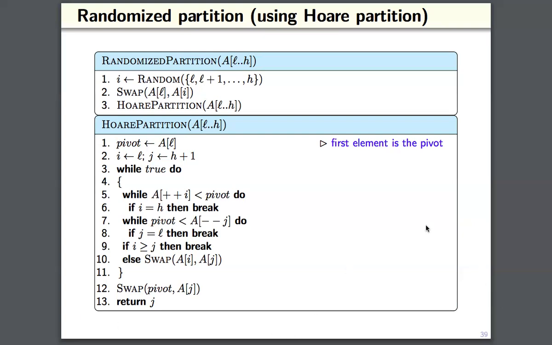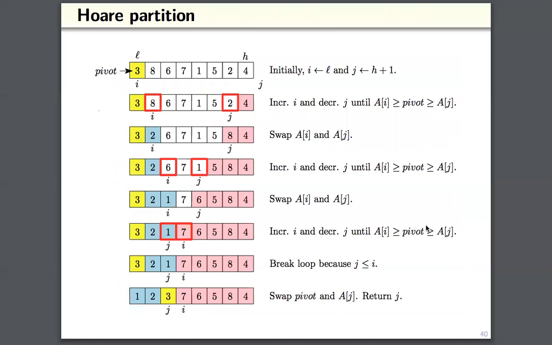Let's try to understand it using an example. Again, the same array. L is this, H is this, pivot is the first element, i points to the first element, j points to H plus 1, so it is outside the array.